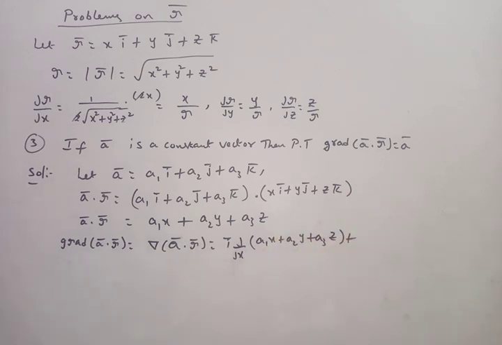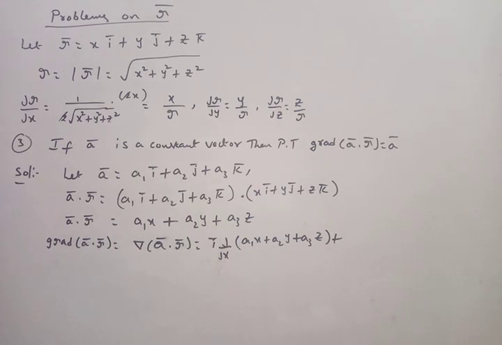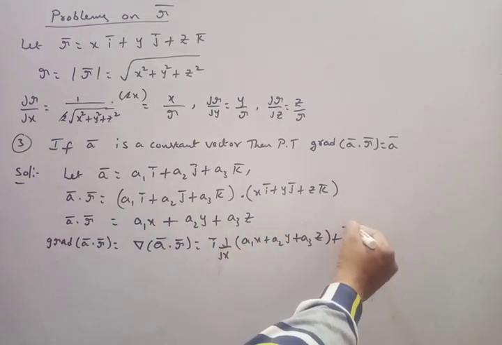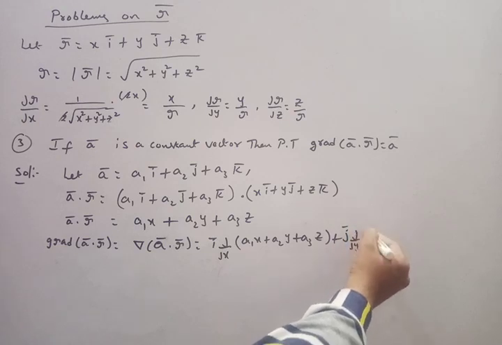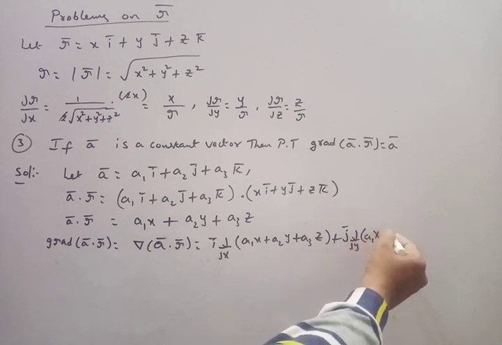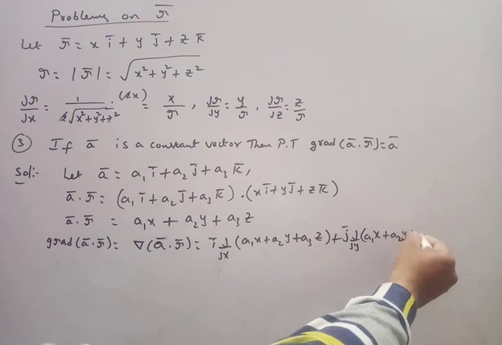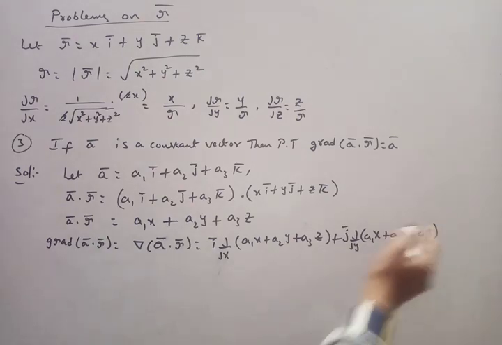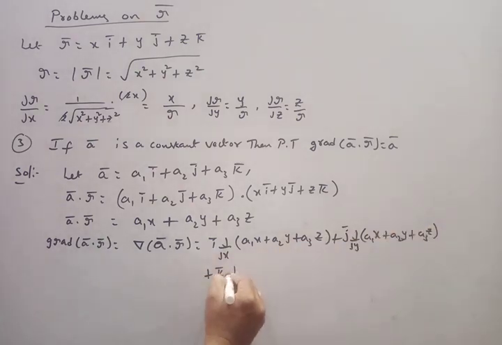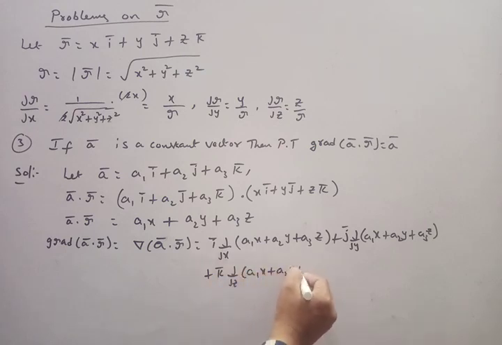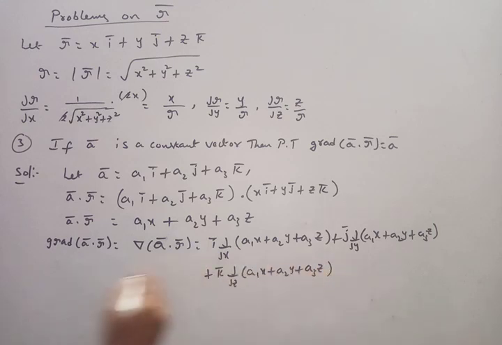Correct? Plus j bar dou by dou y of a1x plus a2y plus a3z, plus k bar dou by dou z of a1x plus a2y plus a3z. That means this will give you, with respect to x we differentiate, we get a1.